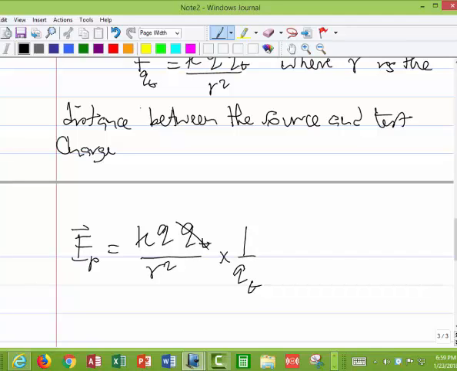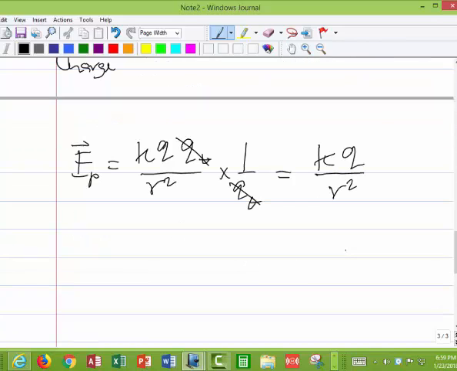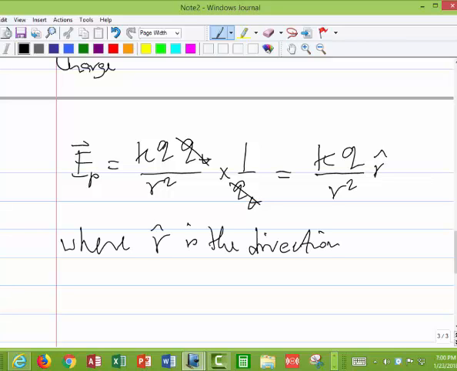So we can cross out the test charges, and we shall have the electric field at the point P equal to K Q for the source charge over R squared, where R is the distance between the source and the test charge. Since the electric field is a vector, we can use unit vector notation and put this as R hat, where R hat is the direction along R.